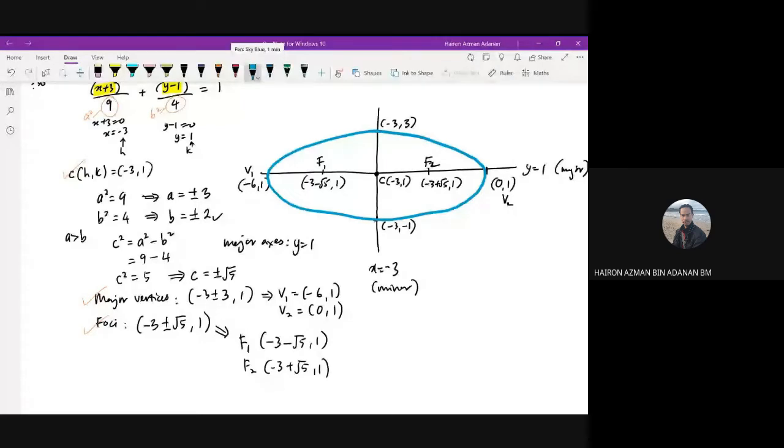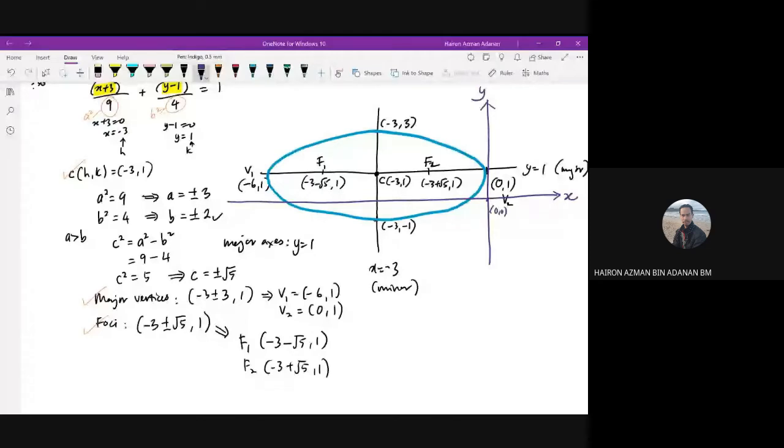The last step, just draw the x-axis and y-axis. So this one is negative 1, 1 here, so 0 is here. This one is your y-axis, passing through 0. Sorry, this one is the x-axis. Done. This one is 0, 0.